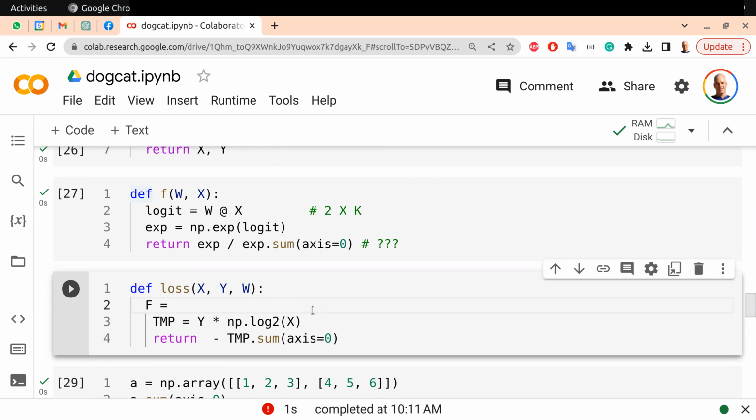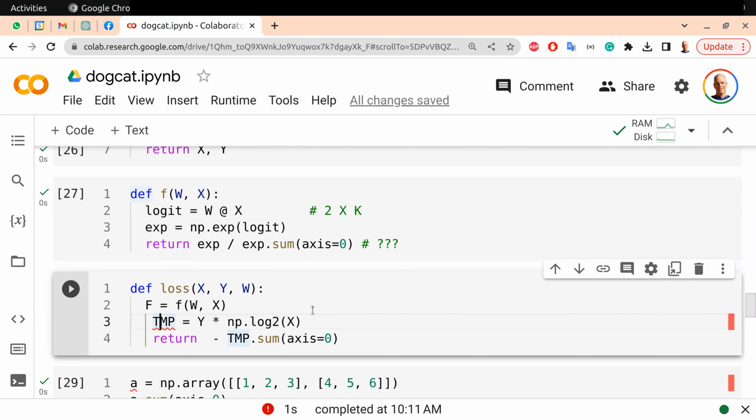equals, what should I do? I should use my definition of F, W X. Now F is the matrix of all the activations on all X images.